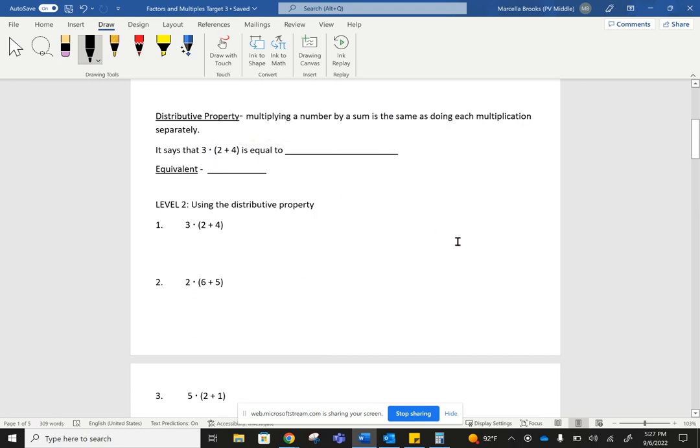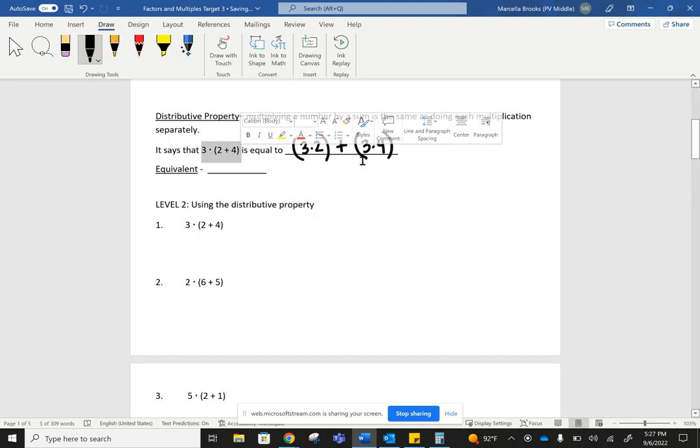So it says that 3 times the sum of 2 plus 4 is equal to 3 times 2 plus 3 times 4. That's what the distributive property tells us.